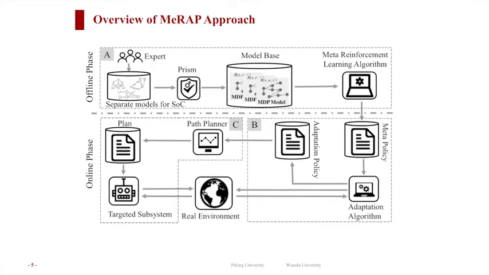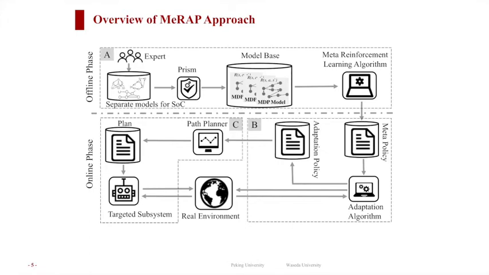The adaptation algorithm takes the meta policy as its initial policy and interacts with the actual environment. Based on the response of the actual environment, the algorithm updates the current policy to produce an adaptation policy suitable to the current environment. Online execution.